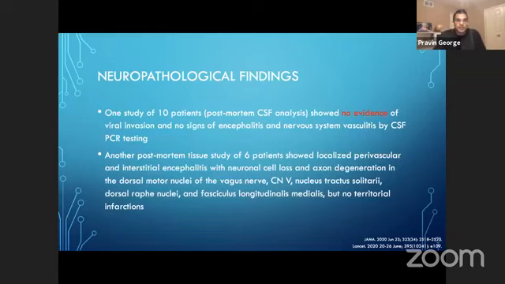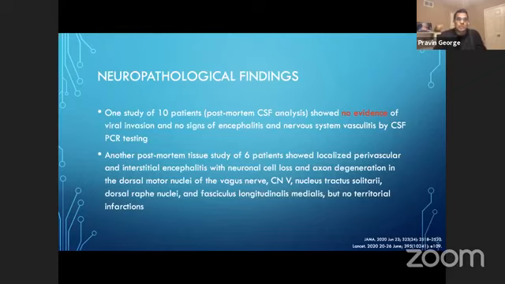One study of 10 patients, and this is a post-mortem CSF analysis, actually showed no evidence of viral invasion and no signs of encephalitis and nervous system vasculitis by CSF PCR testing. But again, in that study, all of those patients passed away from respiratory illness, and none of them had any neurological findings going into the hospital, nor during their hospital stay until they were put under for anesthetic purposes.